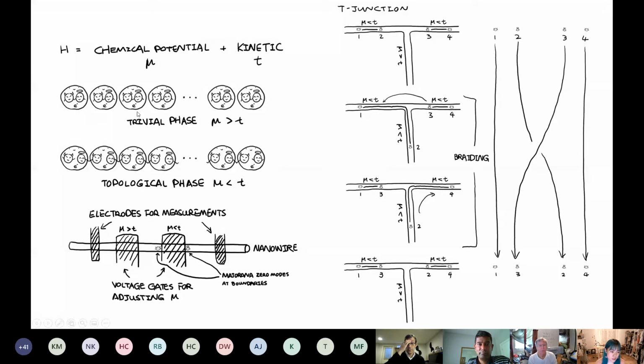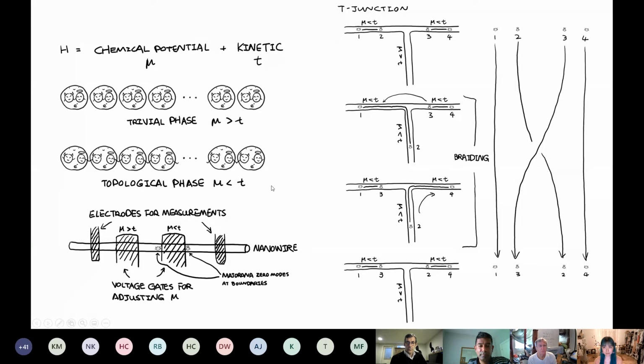In this case, that would be a pretty uninteresting or maybe normal state, like shown earlier, without that superconducting effect, where your pairing is within the electrons themselves. But you can put them in this topological phase when your kinetic term is higher than the chemical potential. Then you would have this topological phase.